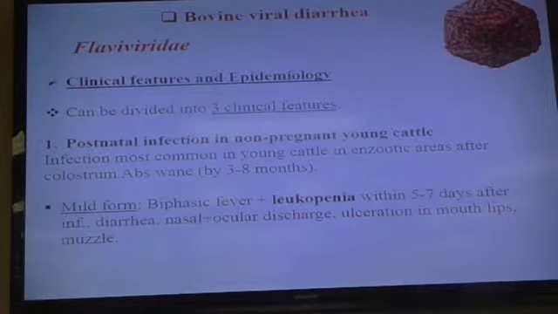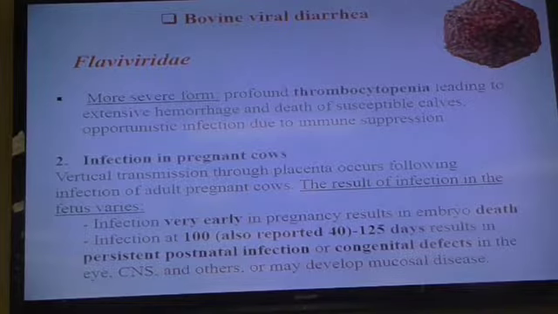In the mild form, what you basically see is leukopenia with nasal discharge and diarrhea. In a more severe form, you get thrombocytopenia and the hemorrhages as a result of this, edema and hemorrhages. The second clinical presentation is infection in pregnant cows.